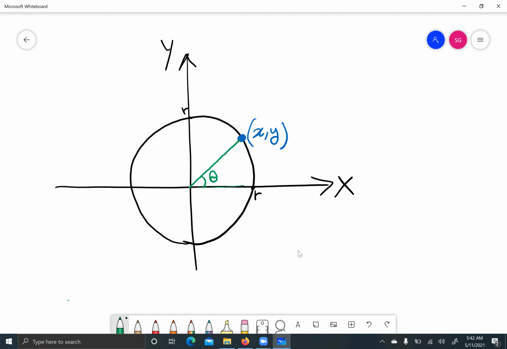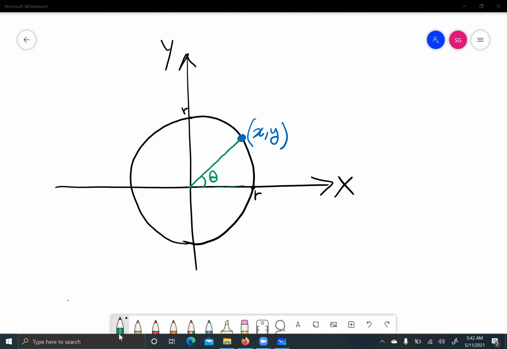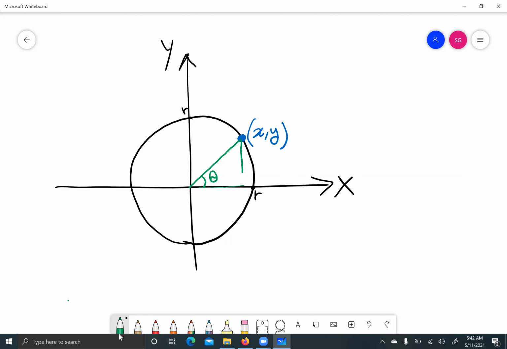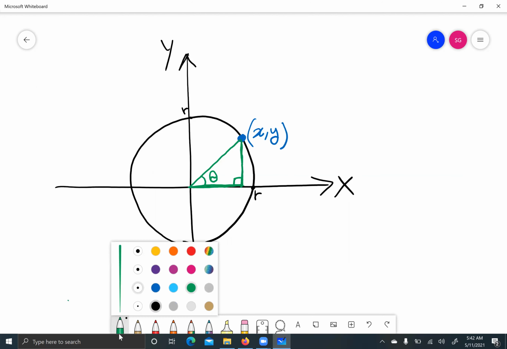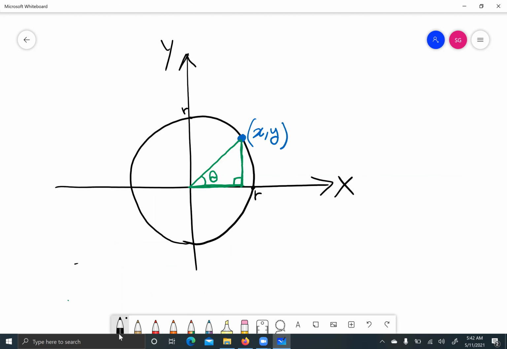And then from here, we went further and we said, okay, now let's draw this right triangle. If you create this right triangle, then we know the values of the sides of this triangle. This side has the value of x, because the horizontal coordinate of this point is x.